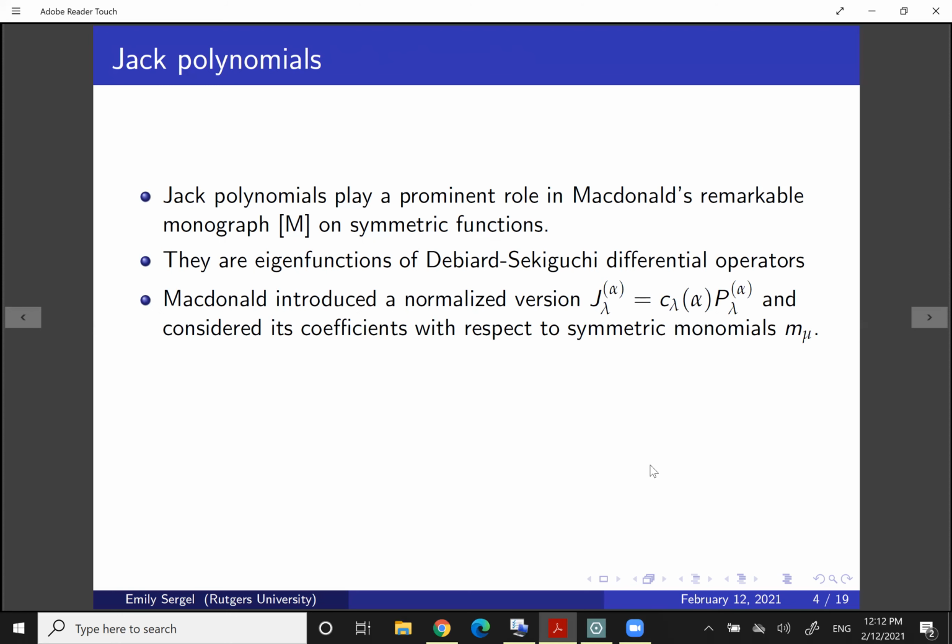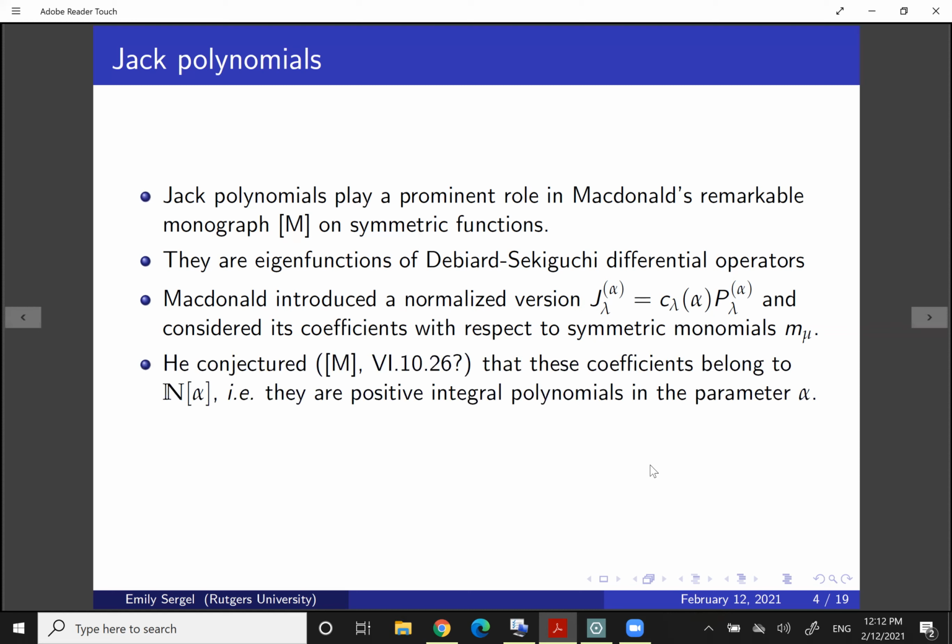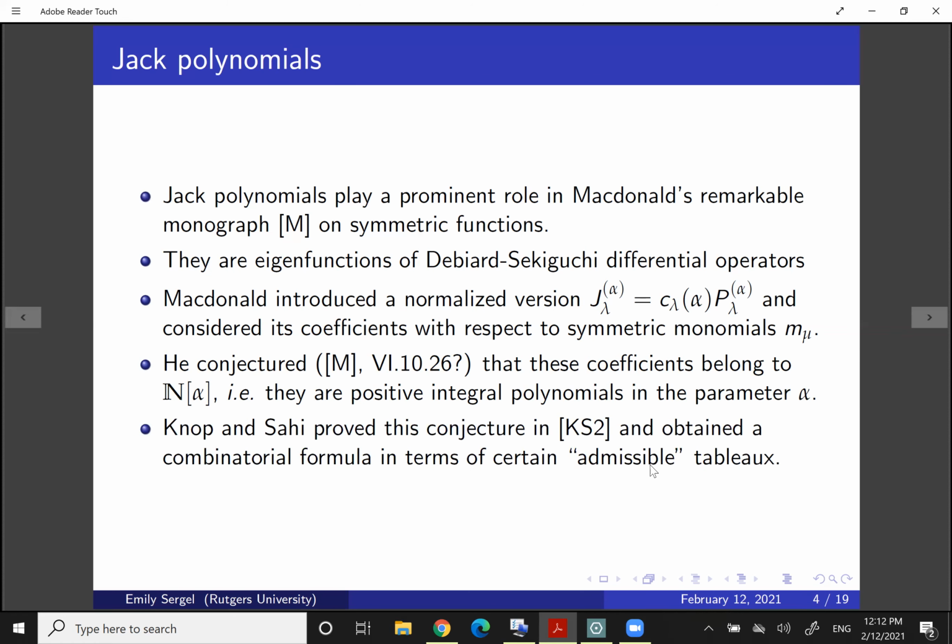They also have this cool combinatorial connection. So Macdonald introduced this normalization and said, let's look at the coefficients when we expand in terms of the monomial symmetric functions. And he conjectured that those coefficients should be positive integral polynomials in our parameter alpha. So Knopp and Sahi proved this by getting a really nice, beautiful combinatorial formula in terms of admissible tableaux.